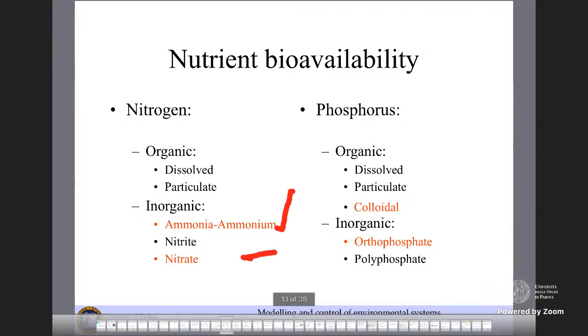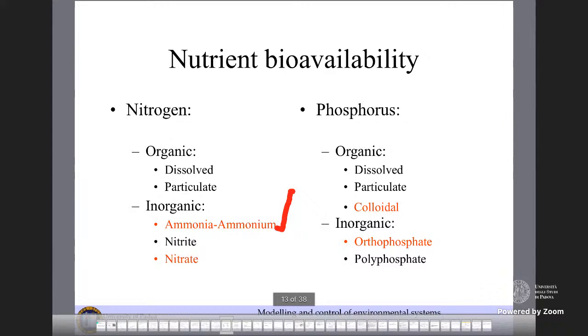In particular, the really available forms of nitrogen are the ammonia nitrogen and the nitrate. I recall to you that ammonia is NH4 plus, sorry, and nitrate is NO3. So if you simply think of the dimension of these molecules, you may recognize that oxygen is quite a large element, so NO3 is much larger than NH4 in terms of molecular dimensions.